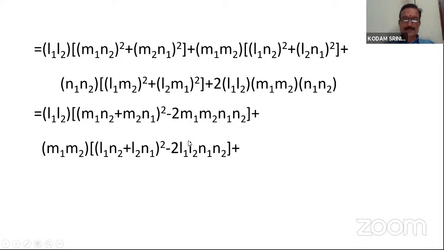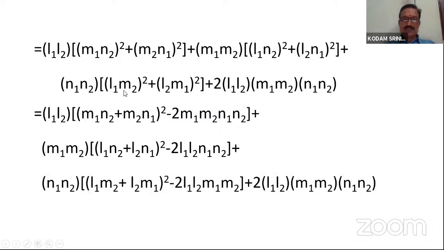I have written the 2 L's at one place and the 2 N's at another place. Similarly, the third one: N1 N2 into L1 M2 plus L2 M1 whole square minus 2 L1 M2 into L2 M1, nothing but minus 2 L1 L2 M1 M2.